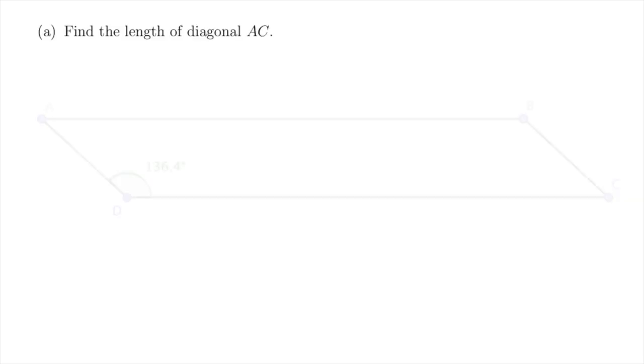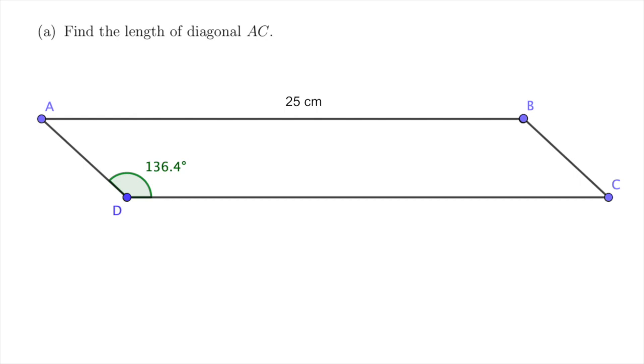So first let's throw up that diagram right there. So we have our given information, so that long side is 25 centimeters and the short side is 6 centimeters. So the first thing that we can see when we want to find the diagonal, right?